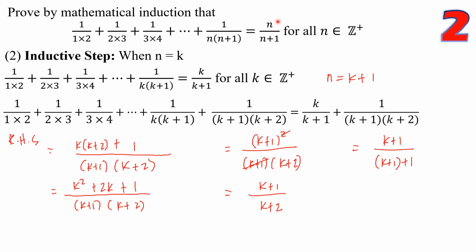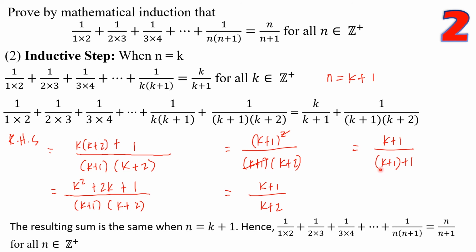This is when n is equal to k plus 1. Numerator is n, in here, k plus 1. Denominator is n plus 1, in here, k plus 1 plus 1. The resulting sum is the same when n is equal to k plus 1.